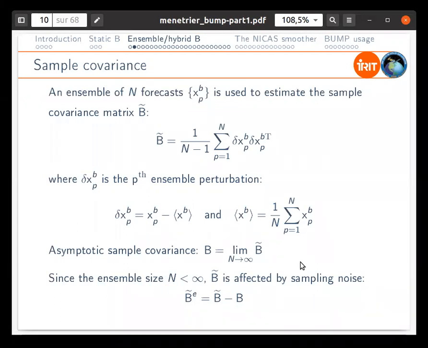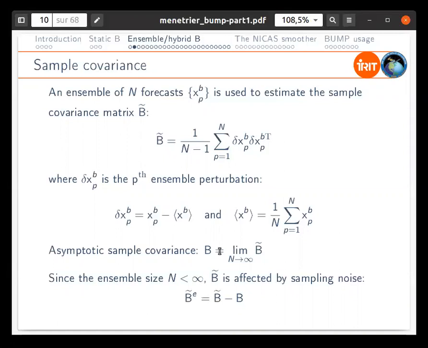First we have to understand that we have an ensemble of forecasts to estimate the sample covariance matrix, and we compute the perturbations with reference to the mean, and we could denote full B here, the asymptotic sample covariance. Basically it's what we would get with an infinite ensemble size.